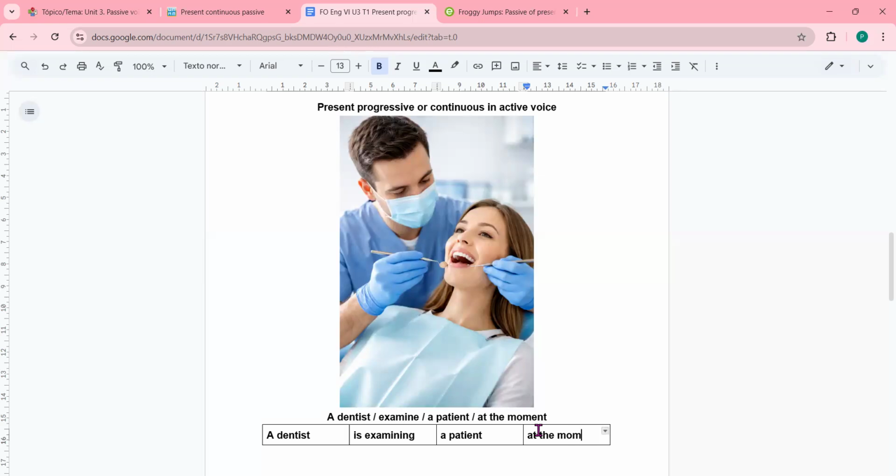Bravo! That is right. At the moment. Remember, present progressive or continuous in active voice. So, our sentences in common structure.